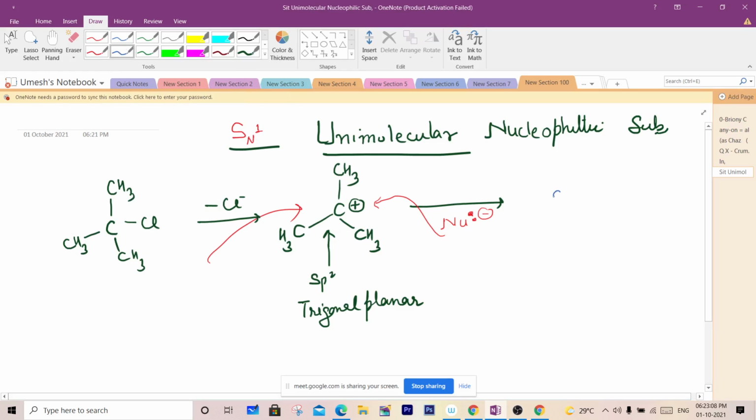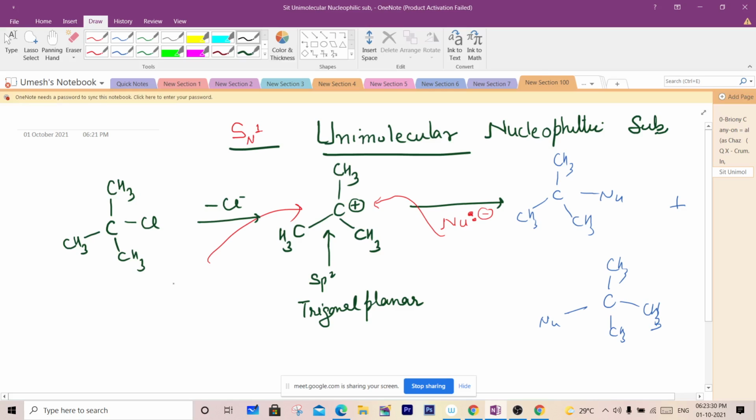So two products will be obtained here: one from attack of the nucleophile from the right hand side, the other from the left hand side. Now you will say what's the difference? Optical, yes, only that part is there.